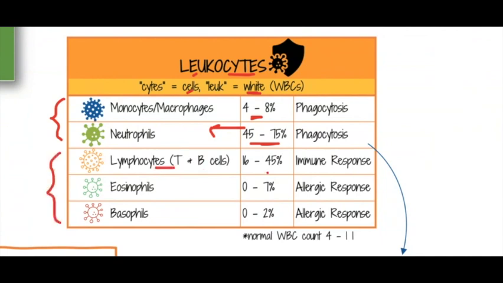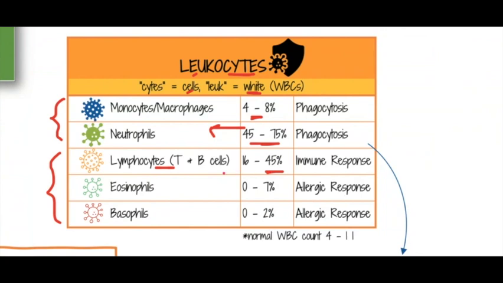So your lymphocytes make up anywhere between 16 to 45% of your white blood cell count. Their main purpose is creating an immune response. You remember learning about helper T cells and B cells. Those are types of lymphocytes.